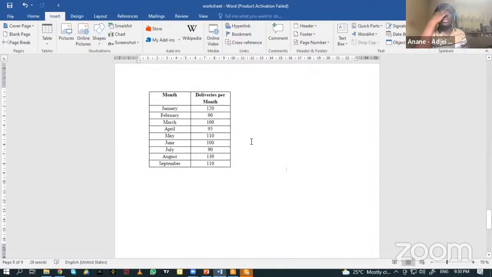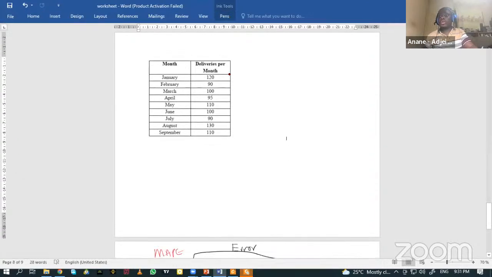So look at the screen here. The question says compute a 3 months and a 5 month moving average for month 4 through to month 9. So what it means is that we are supposed to calculate a 3 months moving average for month 4 to month 9.